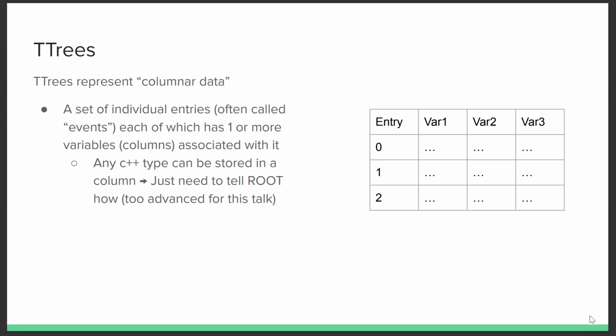But certain simple types like ints or doubles or standard containers like vectors are already in ROOT's library of things, so you don't need to do it for that. Anyways, I'm going on about that point too much. Yeah, any C++ type can be stored in those columns. Okay.